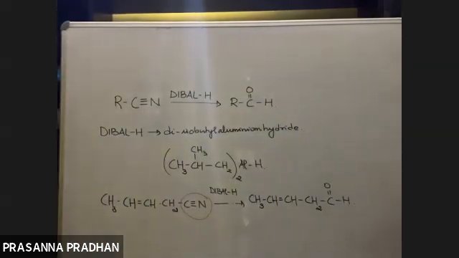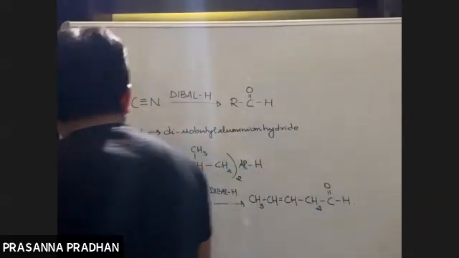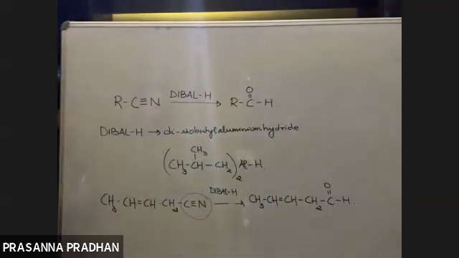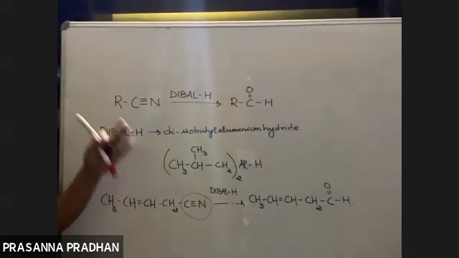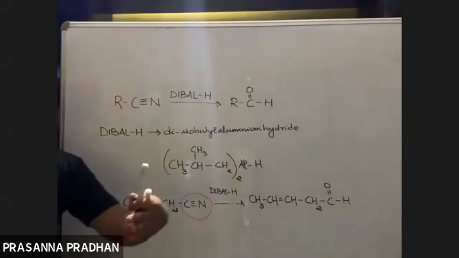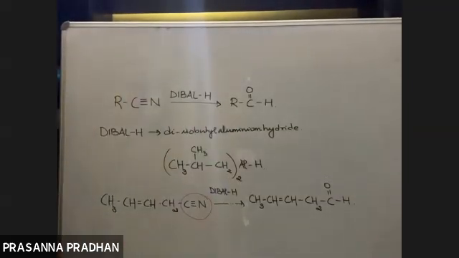But if we want to prepare compounds where the double bond remains intact, then we have to use this particular reagent, diisobutyl aluminium hydride. Okay, so this is the reason why. So it acts as a selective reducing agent. So if the question comes, how are you going to convert nitriles to aldehydes in not more than one step? You give this reagent, finished. So the CN group gets converted to a CHO group.